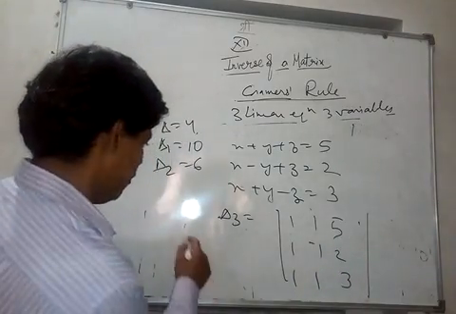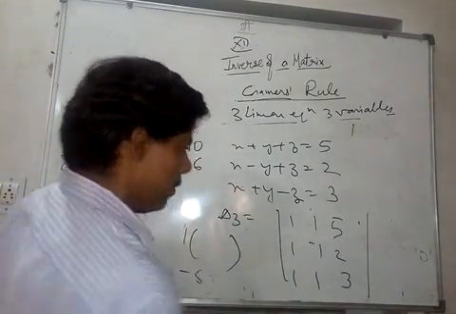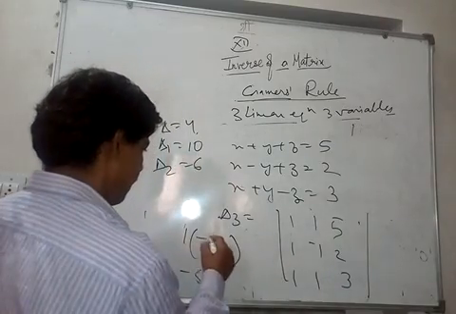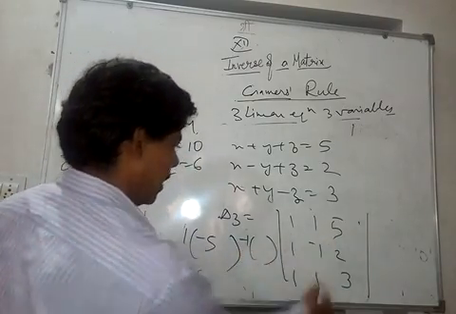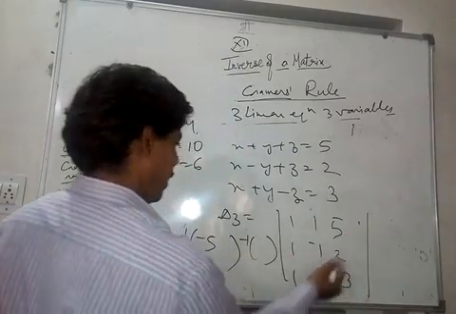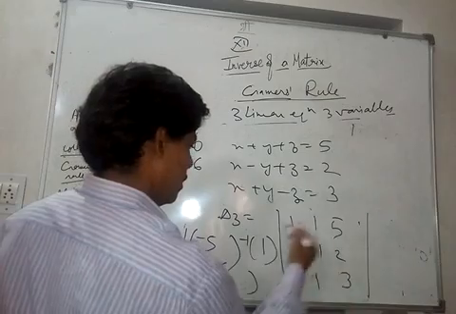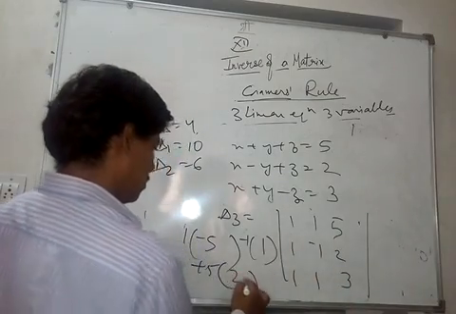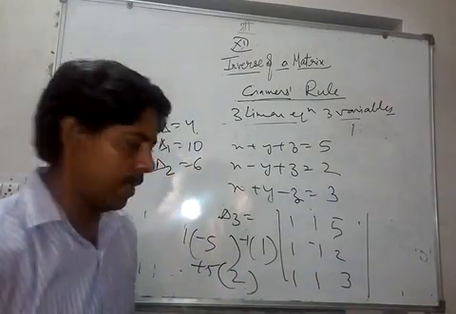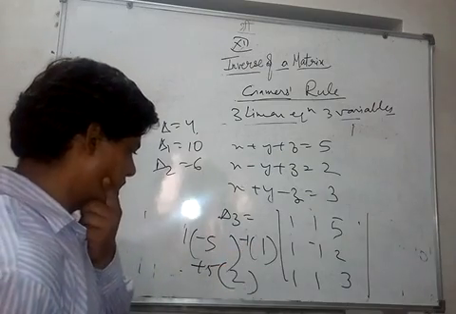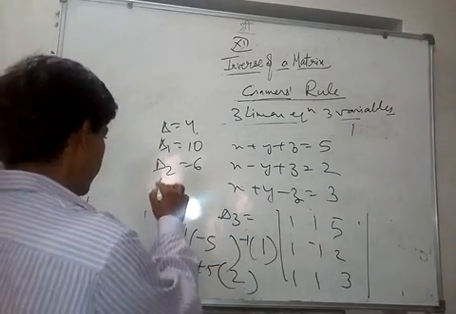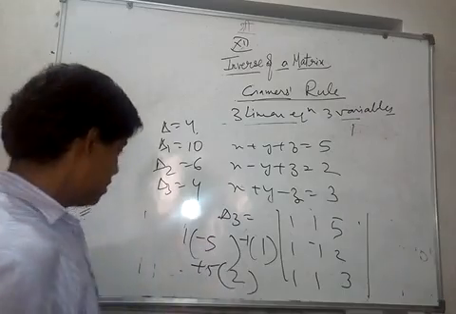Find here 1, you get minus 3 minus 2 is minus 5, and minus 1 I am replacing, 3 minus 2, that is 1, and plus 5 is 1 plus 1, that is 2. So you are getting minus 1 minus 5 minus 1 is minus 6, 10 minus 6 is 4. So delta 3 is 4. So this is what we are getting.